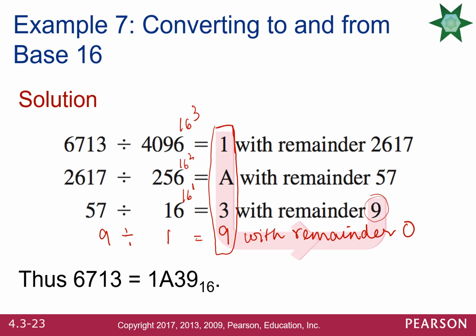Now if you don't want to do the last division, you can just do what they have done here. They have just used the last remainder, so the quotients of all these divisions, and then include the last remainder as part of the base 16 numeral.